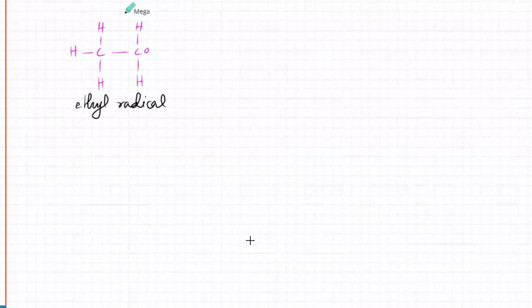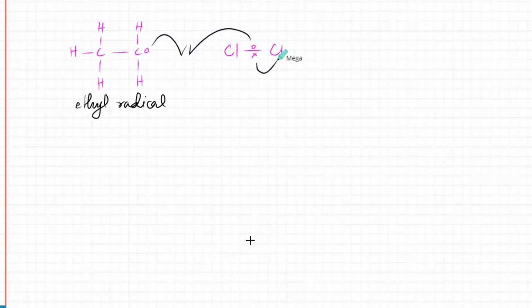So if it sees a Cl2 molecule, it's going to do exactly the same. When it sees a stable Cl2 molecule, the carbon wants to bond with something. It wants its electrons back. So what it will do is take the Cl and pull it towards itself and bond with it. The other Cl would be left alone. So again, a substitution reaction will happen.